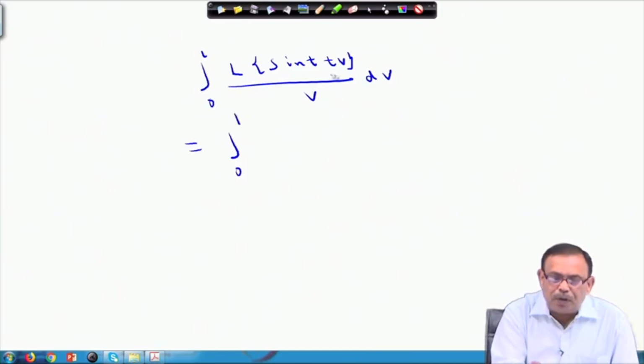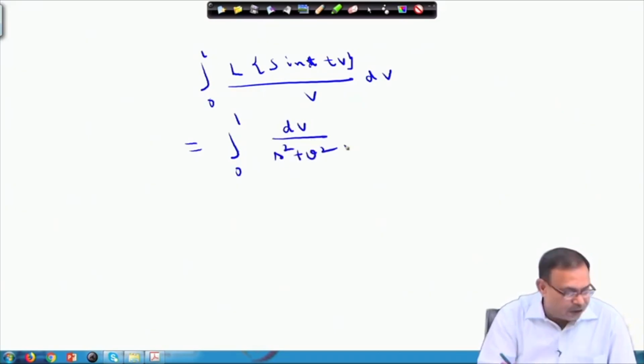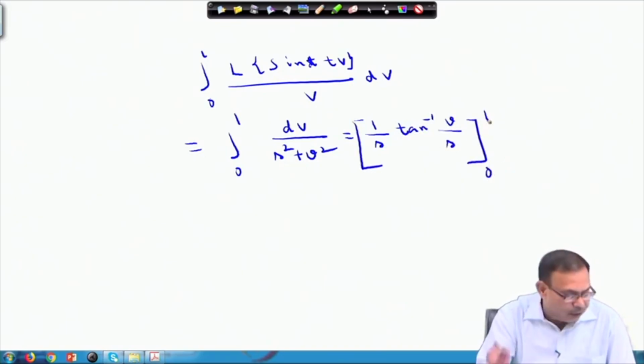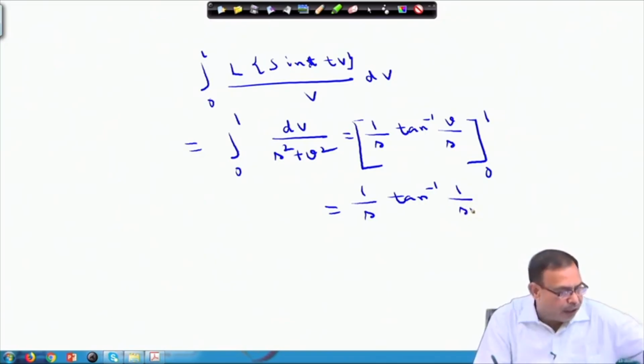You know Laplace transform of sin t v is which one? Laplace transform of sin t v is equal to v by s square plus v square. So, it will be integral 0 to 1 of dv by s square plus v square, and once I am writing this, I know the value of this, that is 1 by s tan inverse v by s, with limits 0 to 1, and this again if you evaluate the integral, you will obtain tan inverse 1 by s.